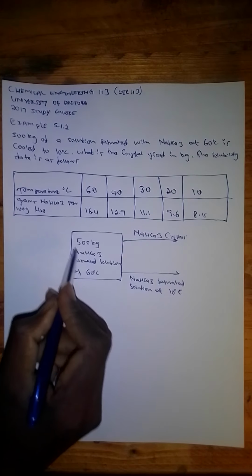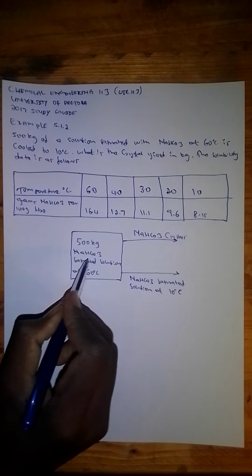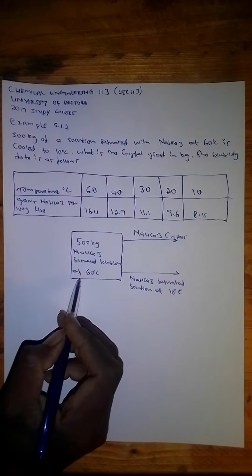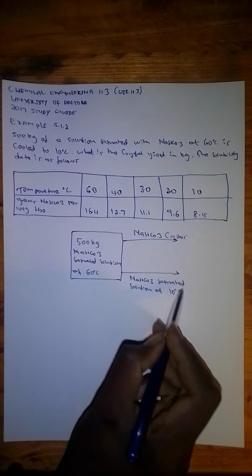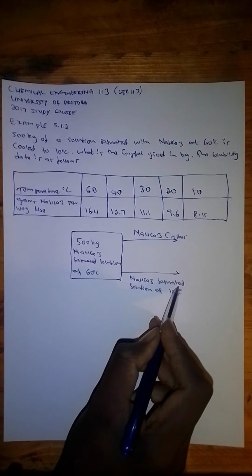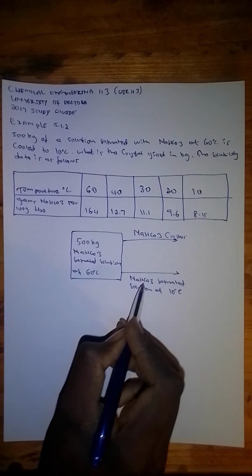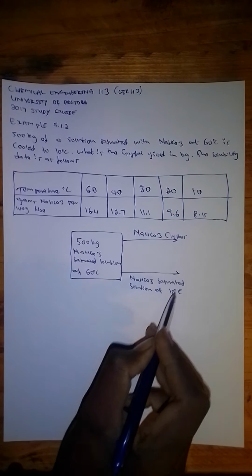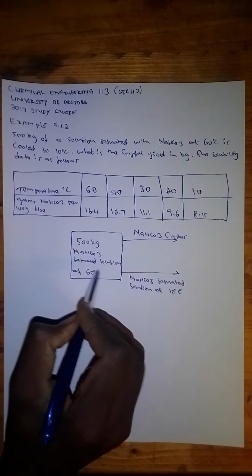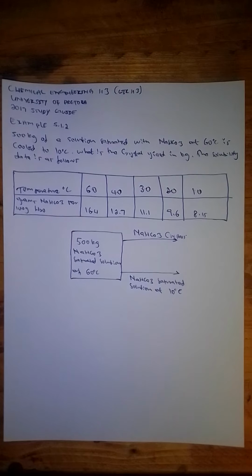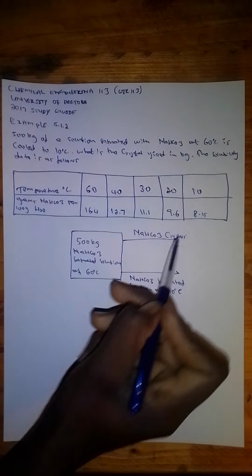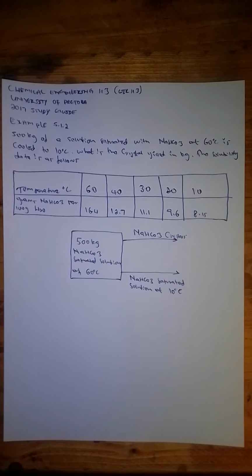So it was 500 kilograms of a saturated NaHCO3 solution at 60 degrees, and after cooling to 10 degrees Celsius, it is now a saturated solution of NaHCO3 at 10 degrees, and as a result of the cooling from 60 to 10, NaHCO3 crystals formed. So the question says, what is the crystal yield? They want to know the amount of the crystals that is actually formed.